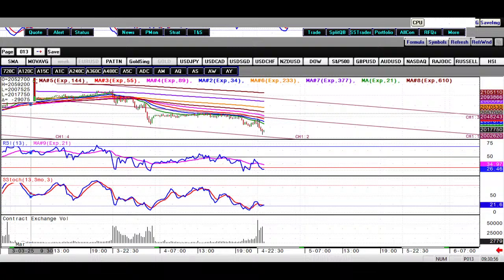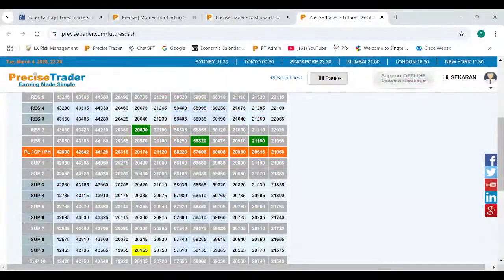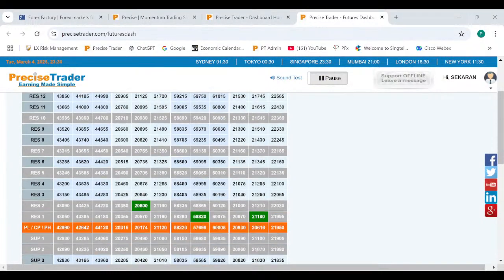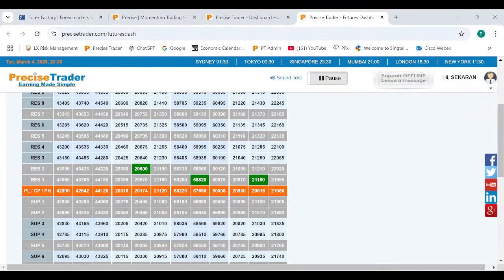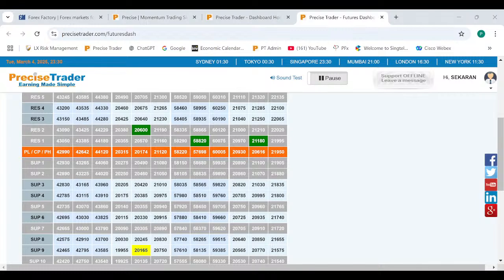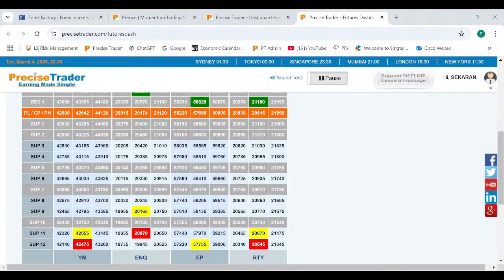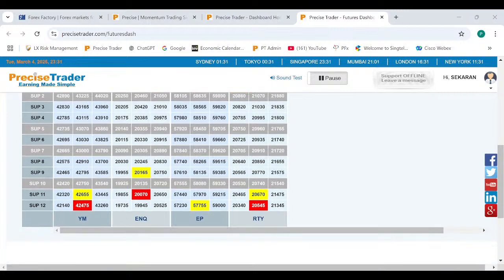Okay, so because my system is not working, we will see, let's say the price gets stopped out again, so the next support we are seeing is somewhere 19, hold on now, 1925.